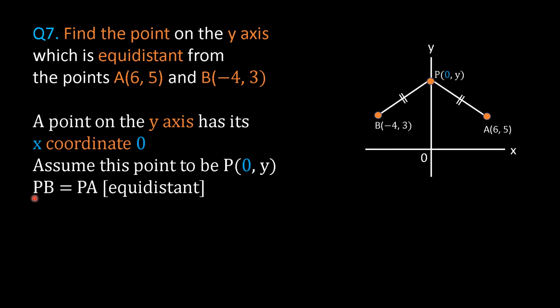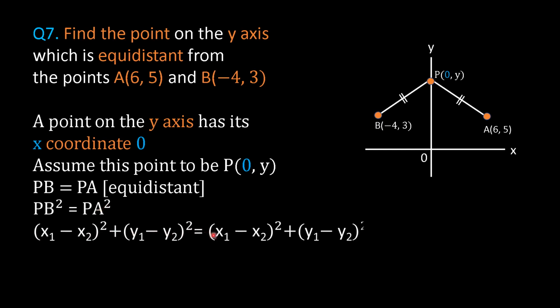We write PB equals PA because points A and B are equidistant from P. We will square them and write PB square equals PA square. Now we will apply distance formula by omitting the radical sign and write, now we will substitute the values.